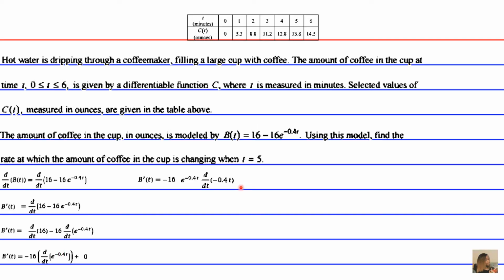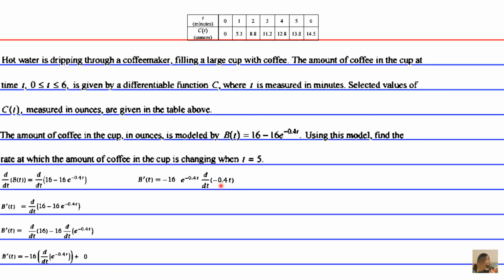So this is what we end up with. We end up with a negative 16 times d du of e to the u, which is just going to be e to the negative 0.4t, because I just said we're allowing u to be negative 0.4t. And then whatever u is, we also have to multiply by the derivative of that inner function, okay?